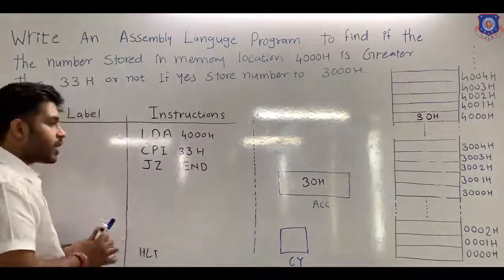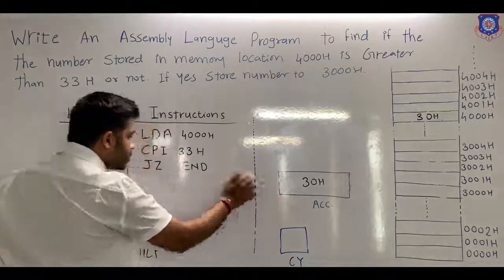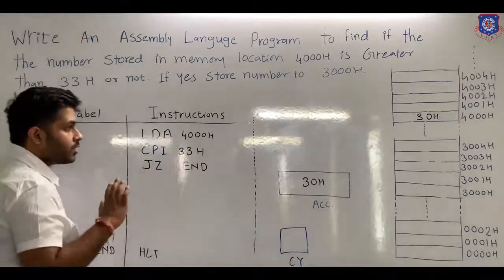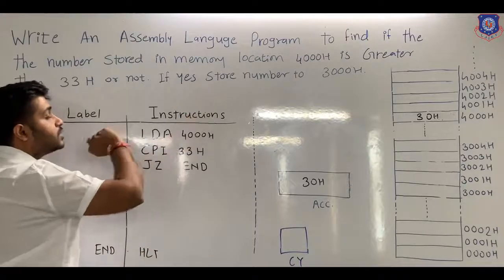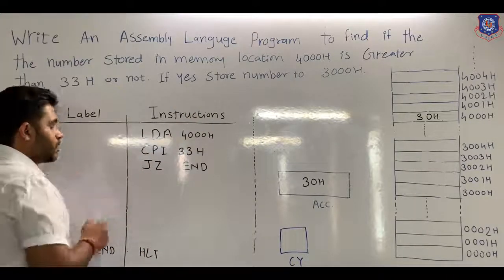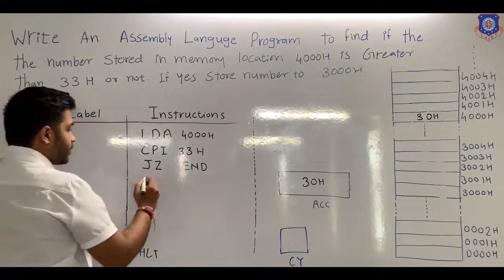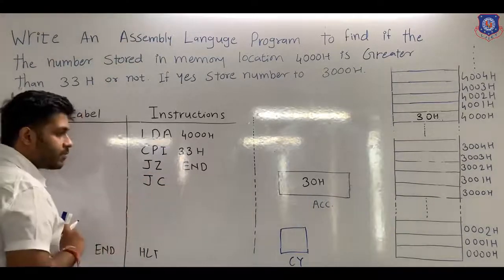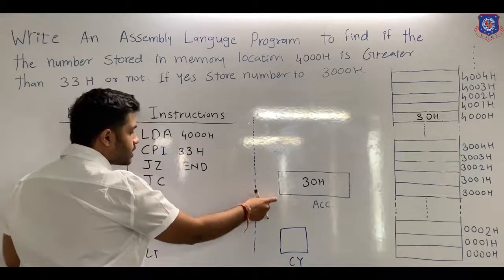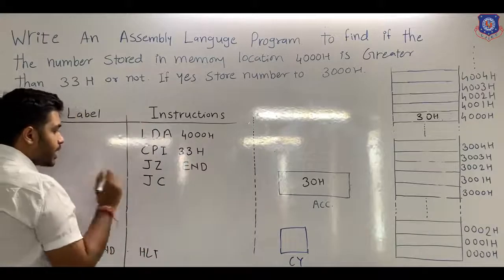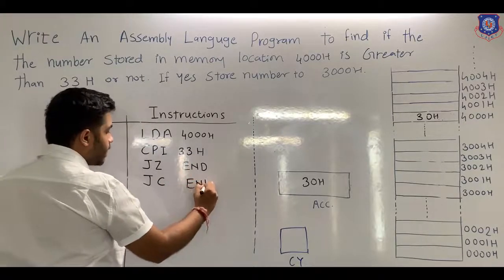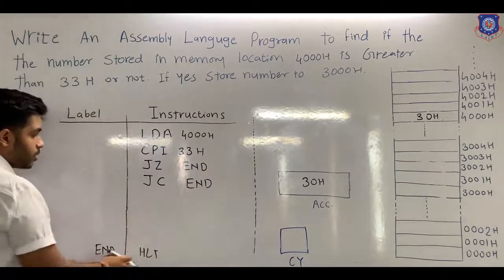So when the content of accumulator is smaller than the 33H, in that case again we will halt the program, because we have to find the number which is greater than 33H. So when the carry is generated, again we will jump to end.